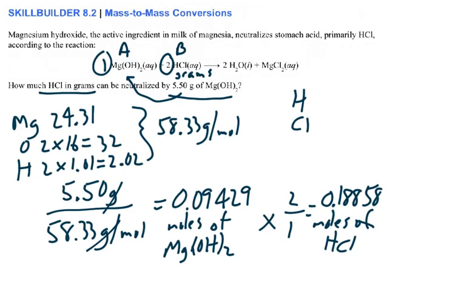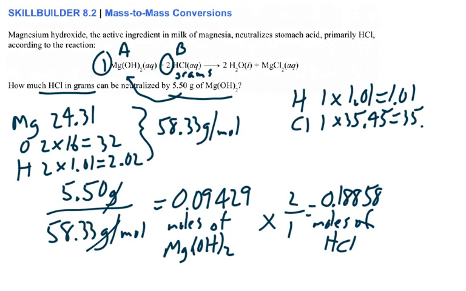Again, guys, remember to ignore the coefficient. So there's only one of each. This guy's 1.01. This guy is 35.45. When you add this up, you get 36.46. That's the molar mass, grams per mole.